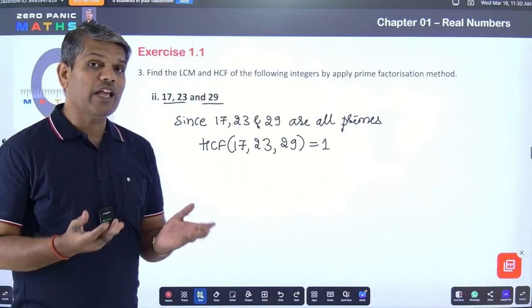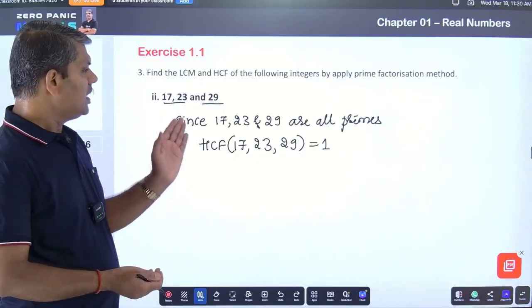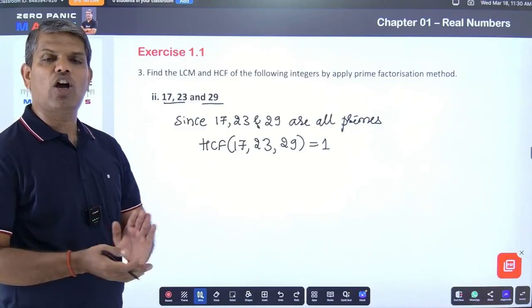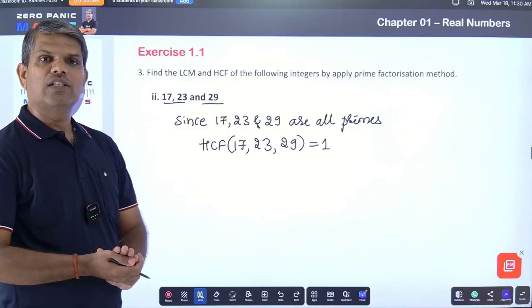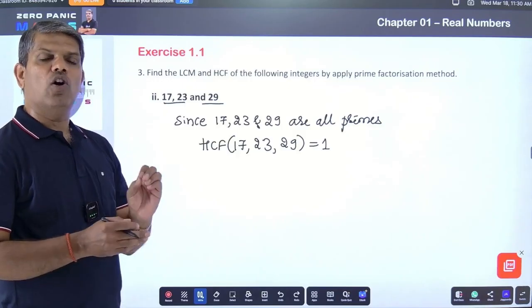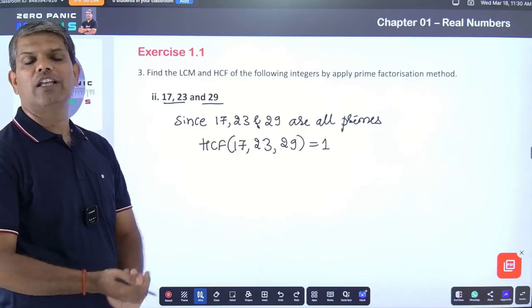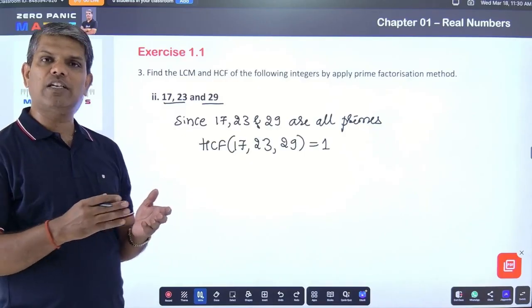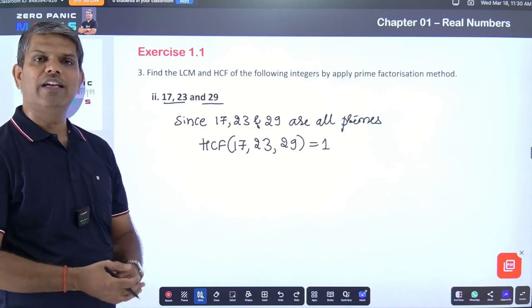Okay, now what about LCM? Since all these are prime numbers, they will not have any common factor. So LCM will always be the multiplication of all the given numbers. If there is no common factor, you have to multiply all the numbers to get the LCM.